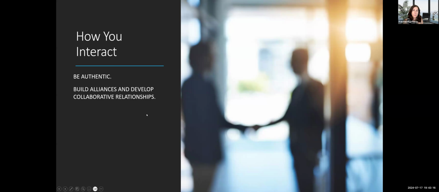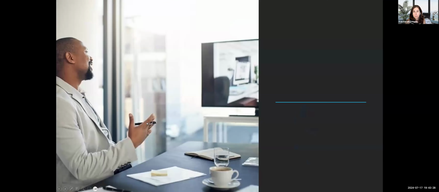So that ability to interact, cultivate relationships, and ultimately developing a high-performing team will be a critical success factor from a leadership perspective.